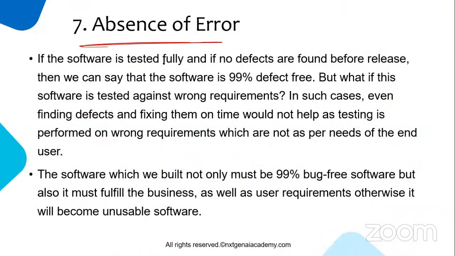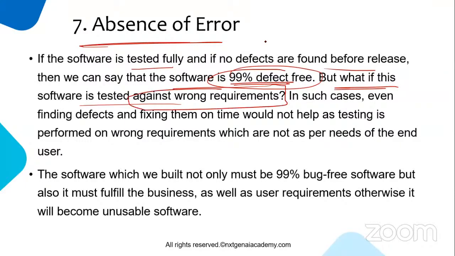Seventh, absence of defect. Again, if a software is tested fully and no defects are found, you tested it and you're saying no defect, then we can say the software is 99%, again not 100%. Defect free, no, it's not possible. And what if the software is tested against a wrong requirement?